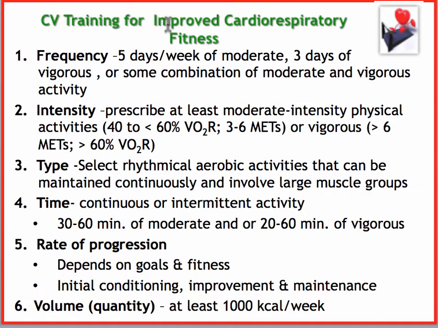The type of activity should be rhythmical aerobic activities that can be maintained for long periods of time continuously, and that involve large muscle groups. When you're thinking about how much time someone should be training, continuous activity generally, or intermittent activity for at least 10-minute bouts. And so it depends on your person.